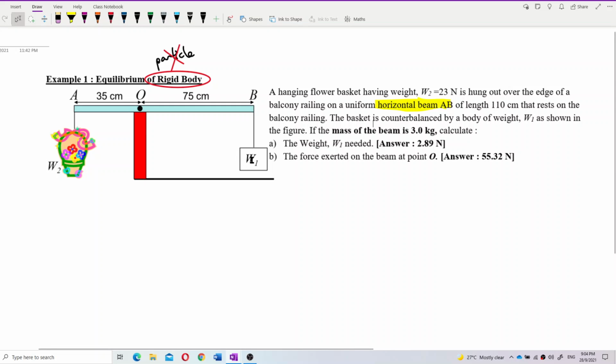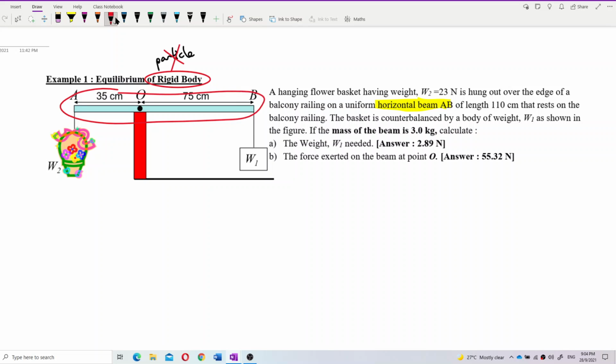Not on the weight 1, not on the weight 2, the flower basket. Our focus is just the beam. Our focus is on the equilibrium of this beam.